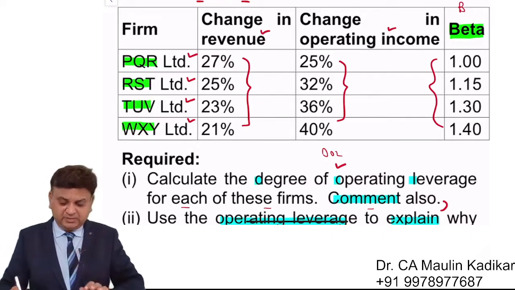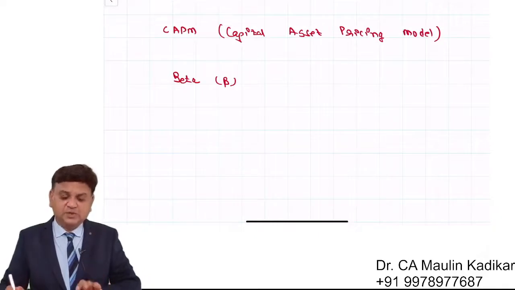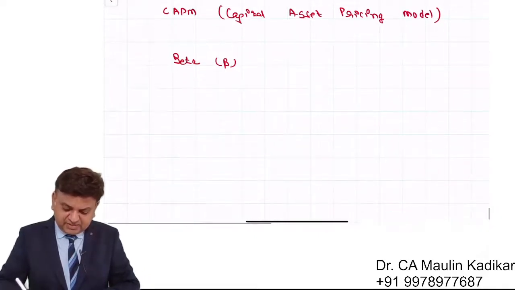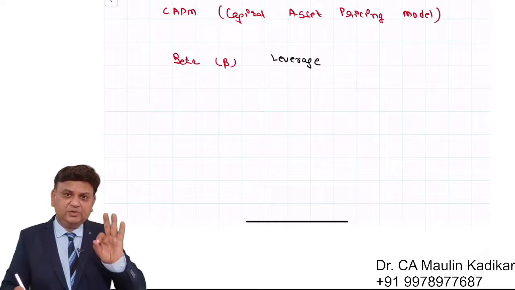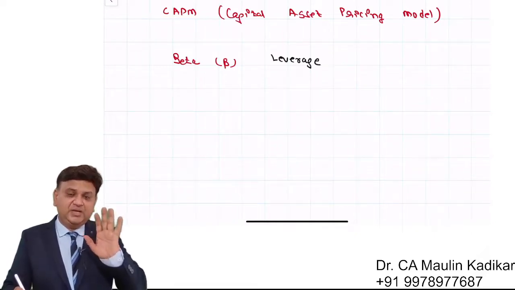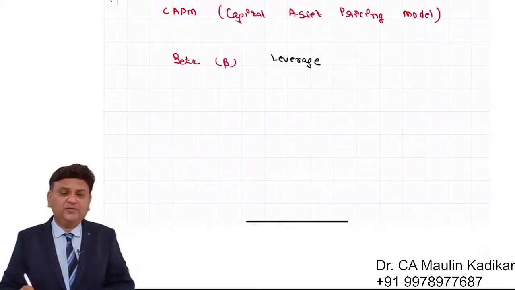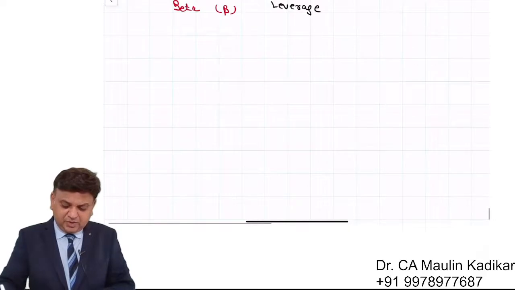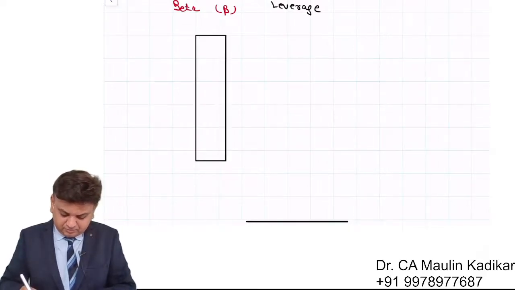Now listen carefully to what I am going to say. We have discussed so far that leverage is also a measurement of risk. Leverage measures risk in terms of the introduction of fixed cost in the business.